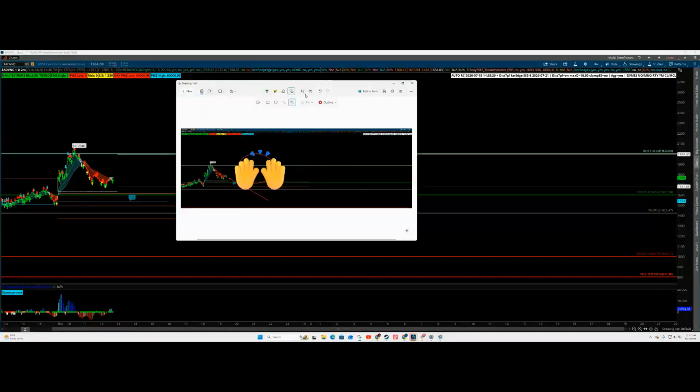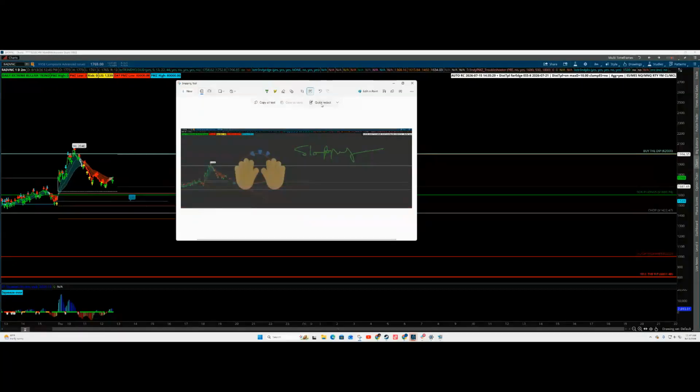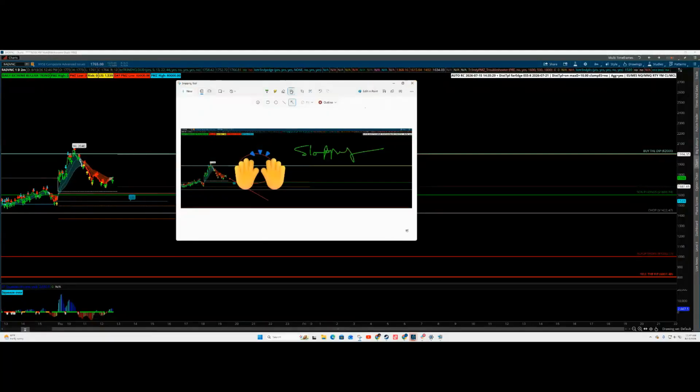I just need to figure out how to add text on this, because a lot of times I'll try to write and it looks so sloppy. It's really hard to draw on here. I'm curious if there's a quick redact, copy all text. I don't see a text feature.